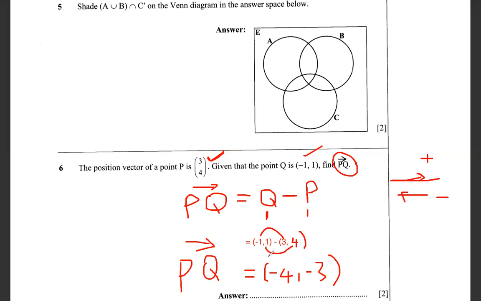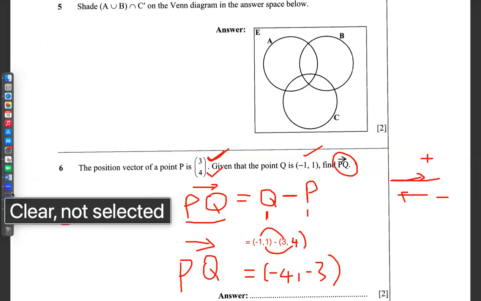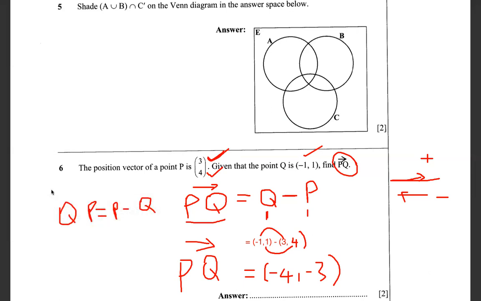But always, whenever you just say PQ, it means do Q minus P. If it's QP, then you need to know that it is P minus Q. Always for such questions that are written in position vectors. The meaning of a 4 here on X, the meaning of a 3 on X, this will be explained later when you look at the actual vectors.